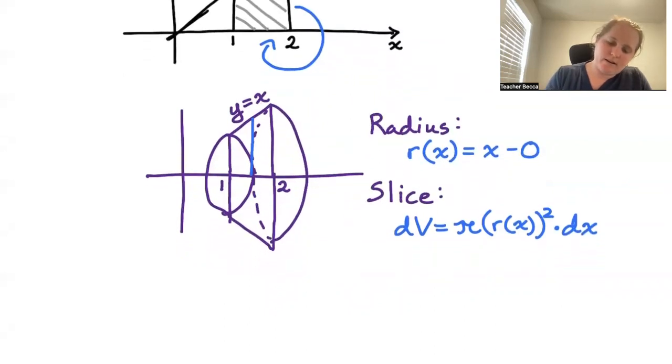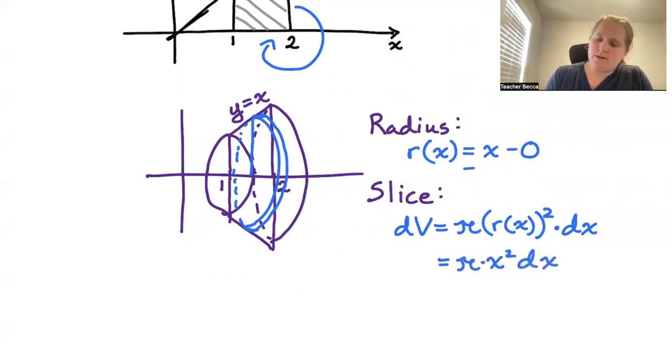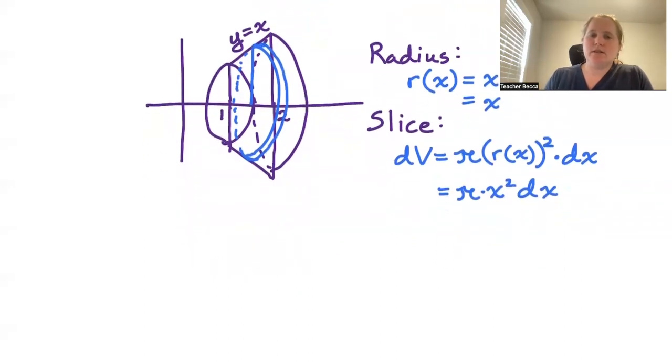Again, here we're looking at the cylinder slice, where the cylinder radius just runs from the x-axis out to our line y equals x. So our dV is just pi times x squared dx. Our radius, again, x minus 0, is just x. So we have our dV.